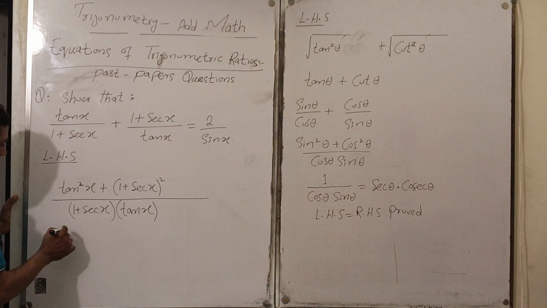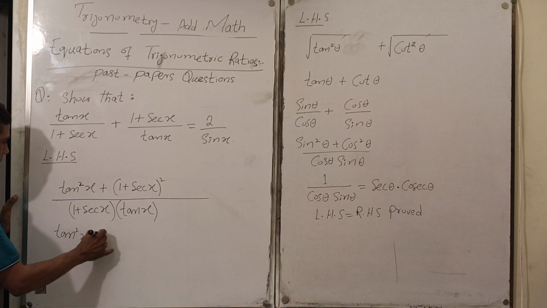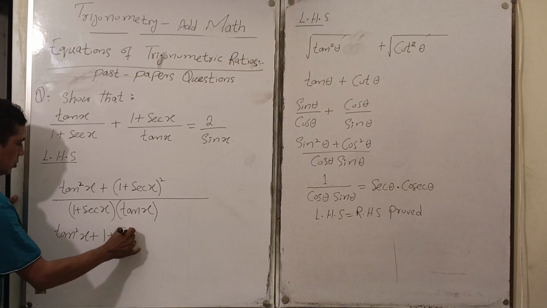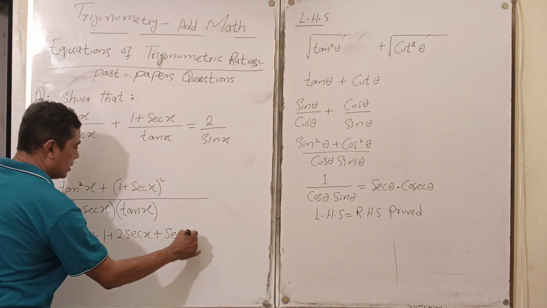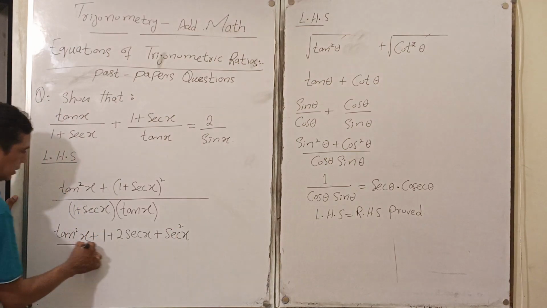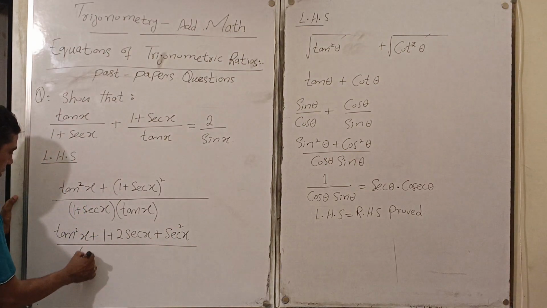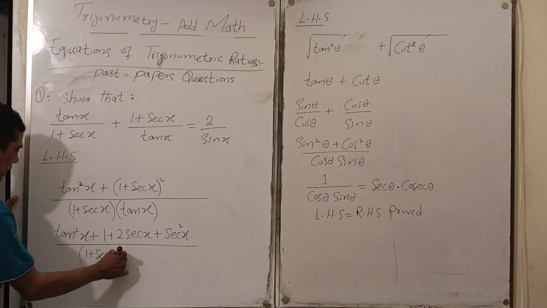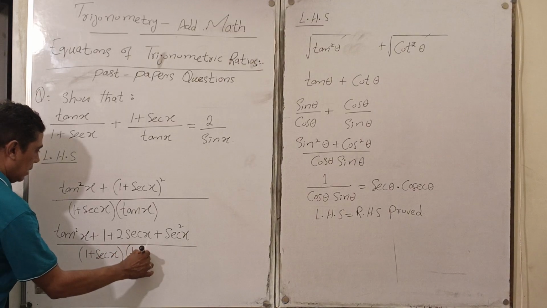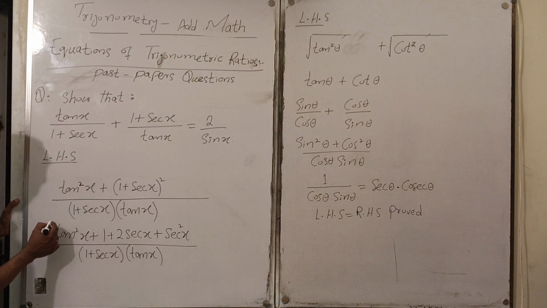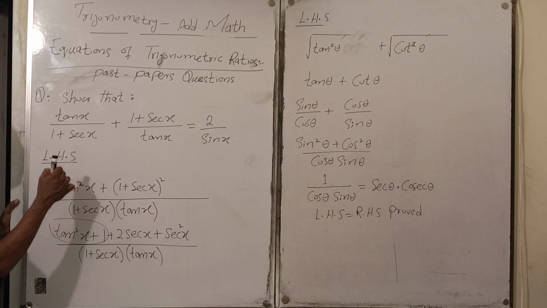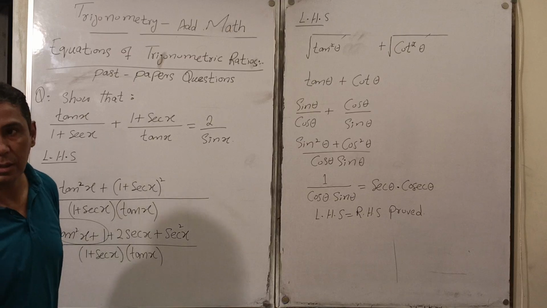So now this is tan square x plus 1 plus 2 sec x plus sec square x, and in the denominator you still have 1 plus sec x and tan x. So now, tan square x plus 1 is equal to sec square x.